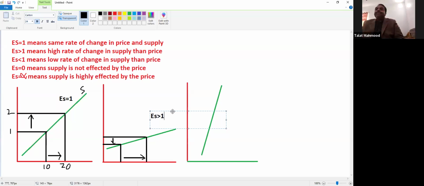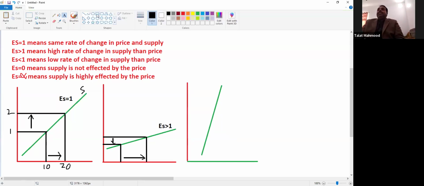So now here in this case, we see that price was here, P1, and demand was here. So there is a high change in price. Is it causing the same change in supply or not?